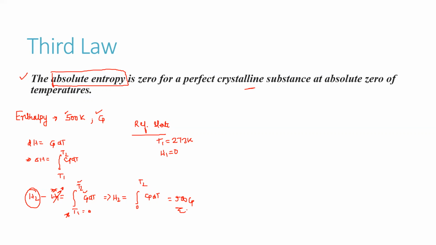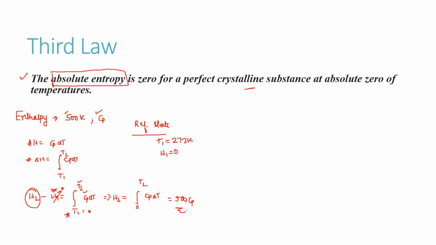In that case, the reference state would vary. We do not have a fixed reference state for which we can say that the enthalpy at that particular temperature is always going to be 0. So that's one problem that we deal with in calculations of quantities like enthalpy or internal energy.